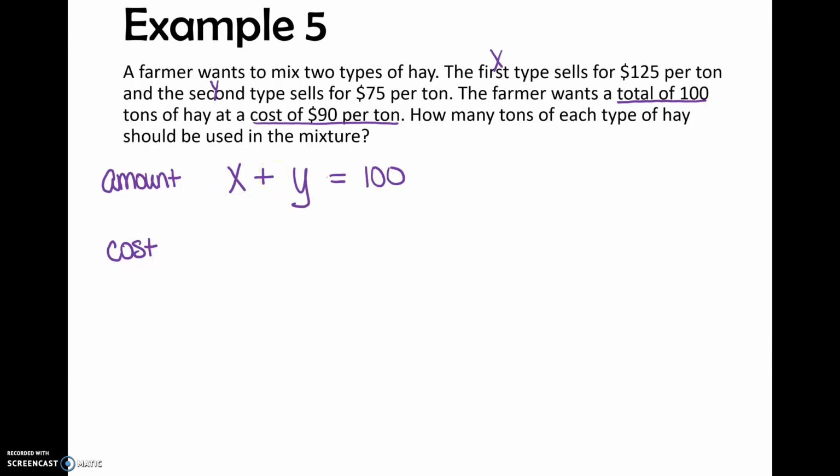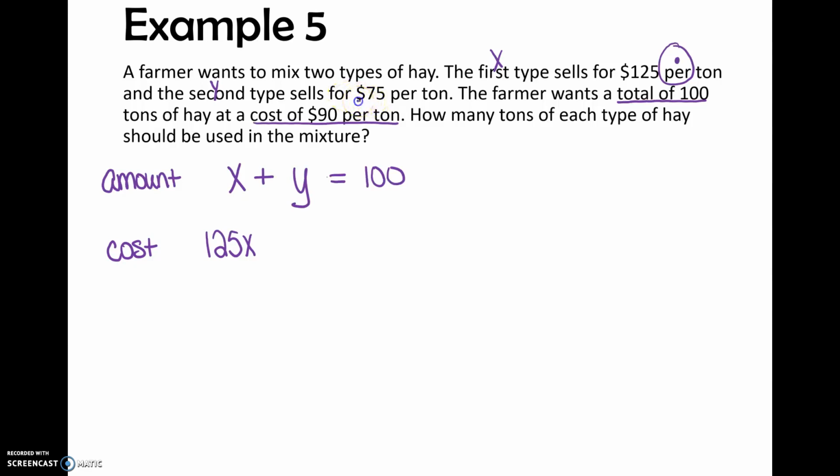Now let's look at the also easy but slightly different equation. Do you remember in math that the word per means multiply? So $125 times the amount of hay that we get, that's going to be how much we spend on the first type.